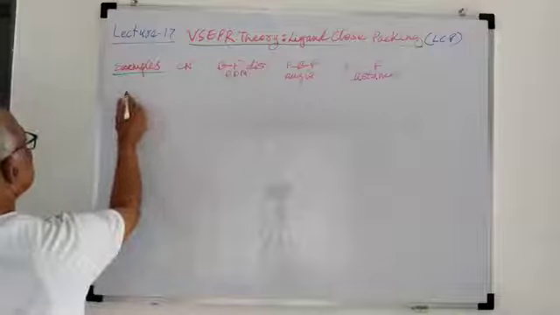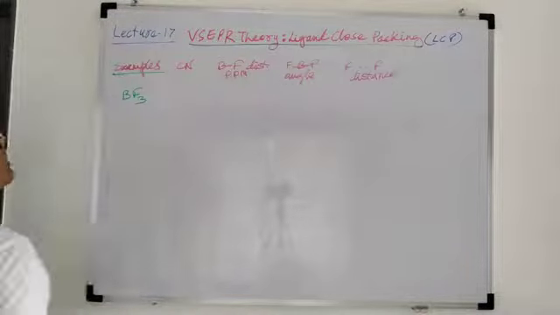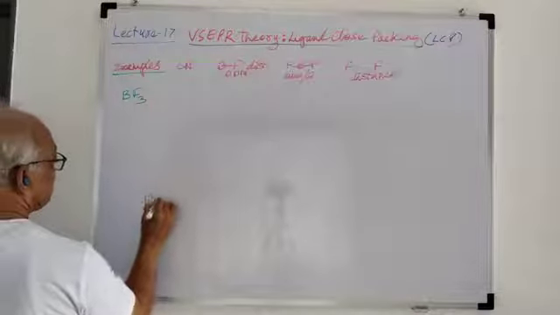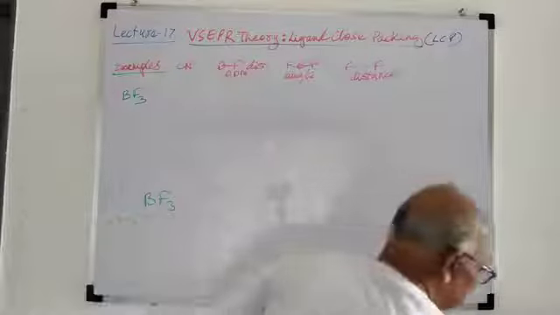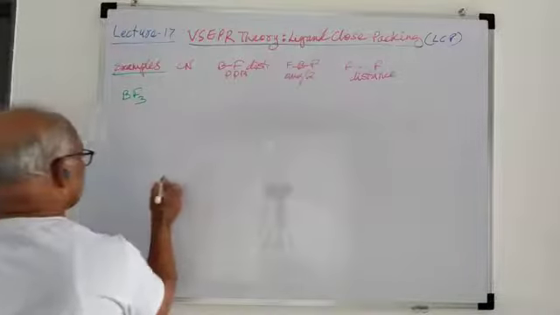For example, we will take the first molecule, that is BF3. The structure of BF3 is like this.